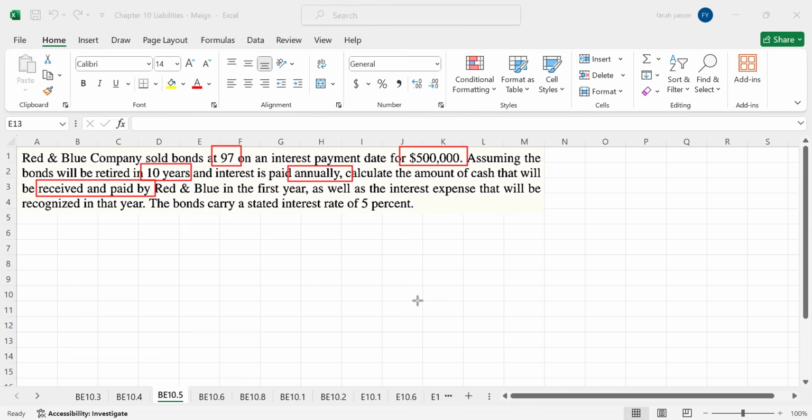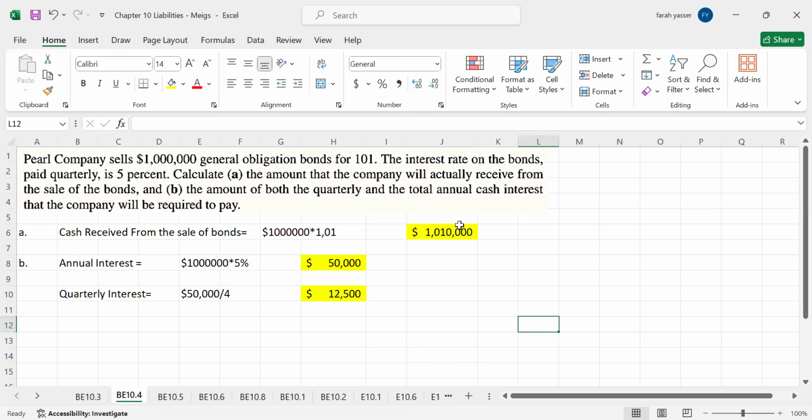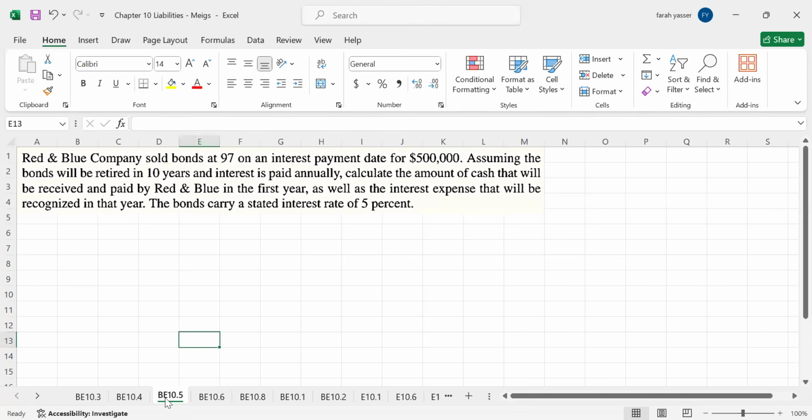So, what is the difference between this exercise and the previous exercise? In the previous exercise, total annual cash interest was required. Whereas in this case, the interest expense that will be recognized by the company is required.